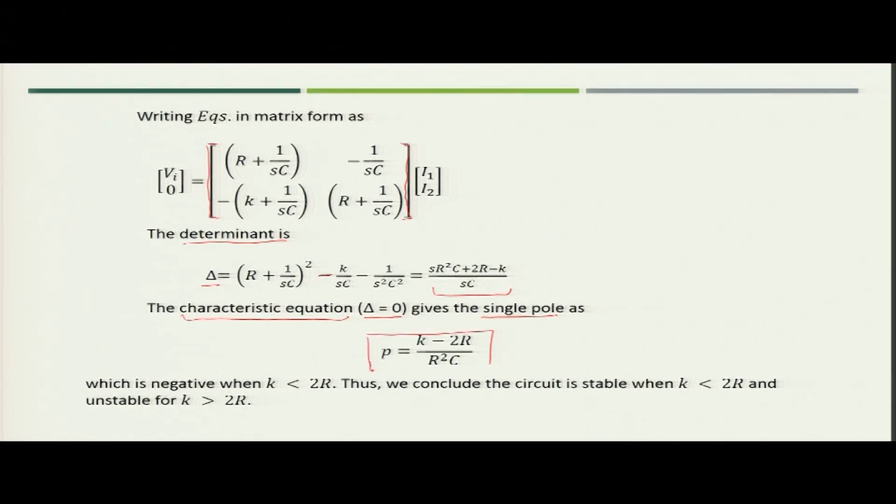Now, if you see this particular value of pole P, you will say that the pole would be negative when k is less than 2R. So, we can say that the circuit will be stable when k is less than 2R, otherwise for k greater than 2R the circuit would be unstable.